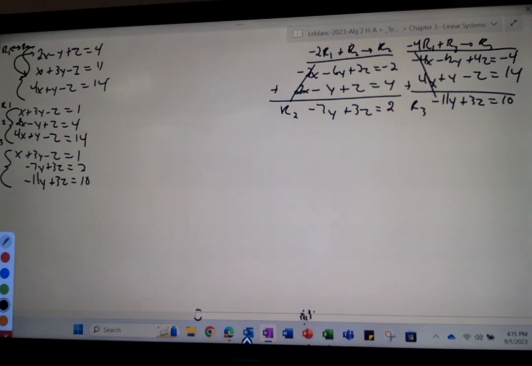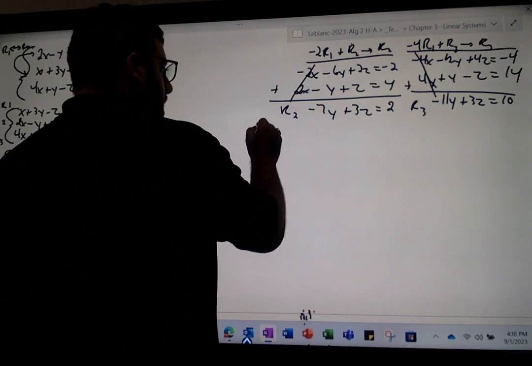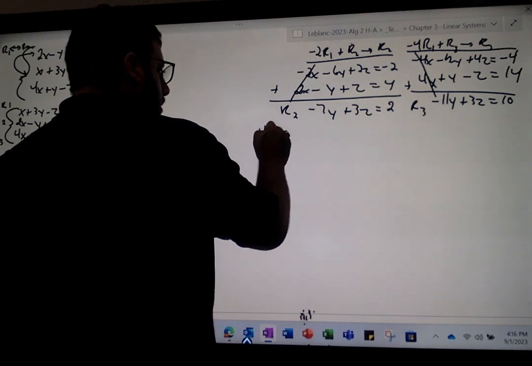Well, I need to find a common multiple of 7 and 11. Well, the only common multiple is 77. So here's what I'm going to do. Remember, this is row 2, this is row 3. I'm going to multiply row 2 by 11.